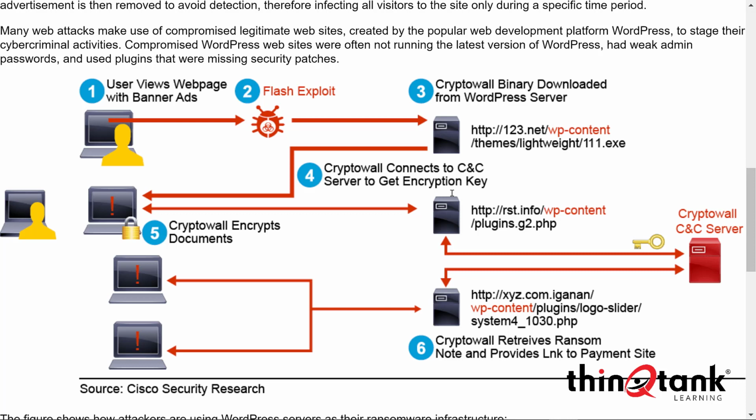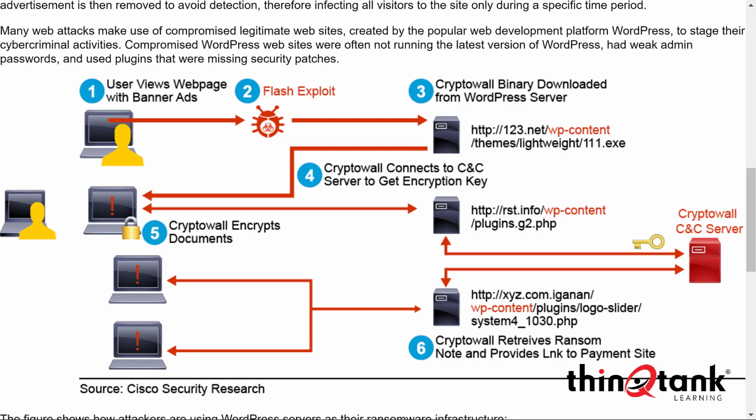That malicious code then in turn downloads the CryptoWall malware to the victim's computer from the malware downloader server, which is probably going to be a different server than the one that's hosting the exploit kit landing page. That CryptoWall malware gets executed on the computer of the victim, and then it connects to the command and control server to get some sort of encryption key.